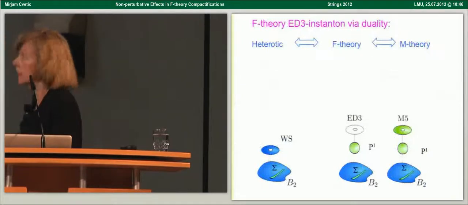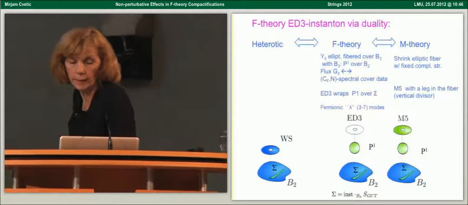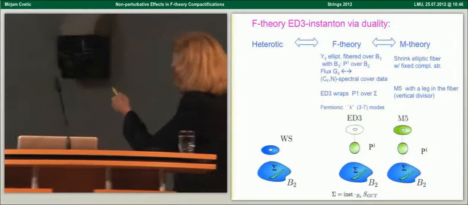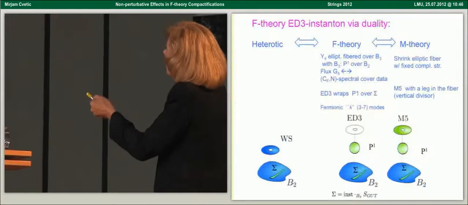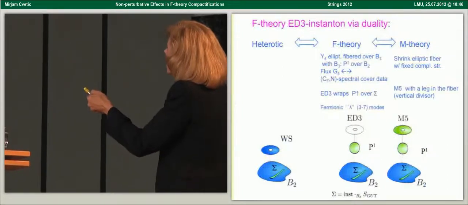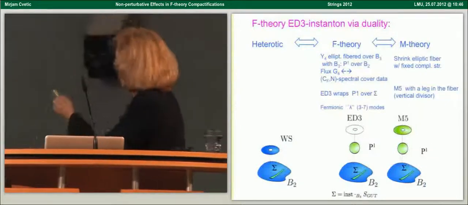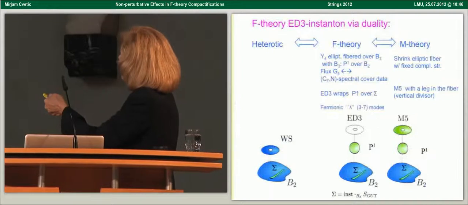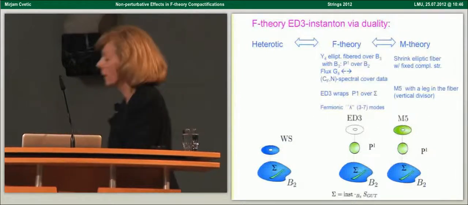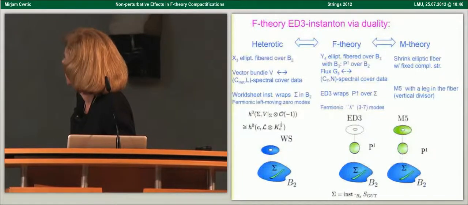And in this case, we can describe through this duality some of the data associated both with the geometry and the fluxes on F theory, as well as the instanton that wraps the curve in the base and the elliptic fiber of the three-dimensional base.